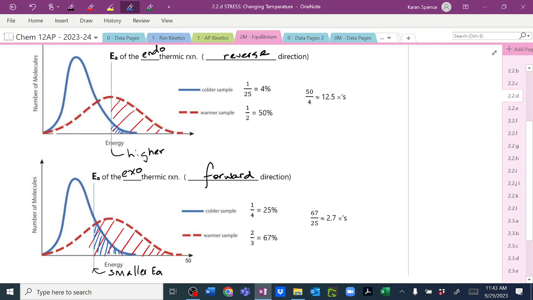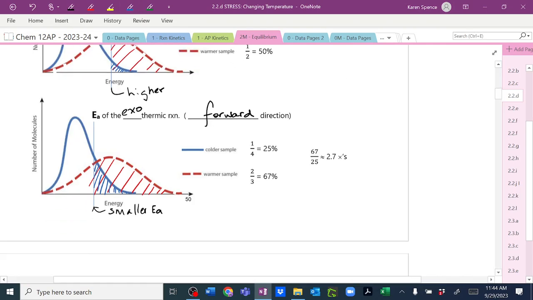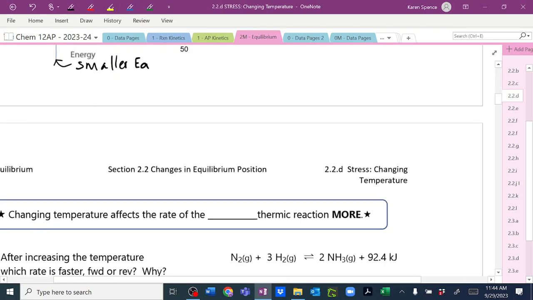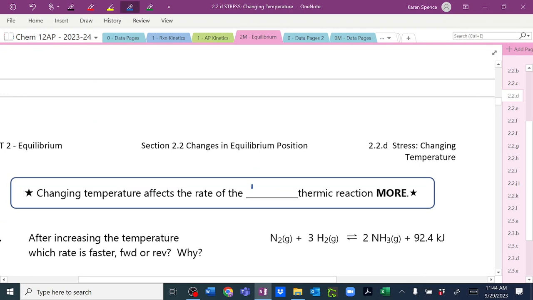It affects the endothermic reaction more. Any increase or decrease in temperature will affect the rate of the endothermic reaction more. So changing the temperature affects the rate of the endothermic reaction more.